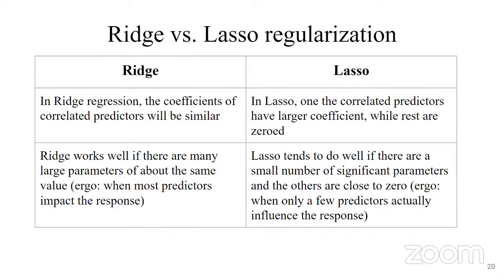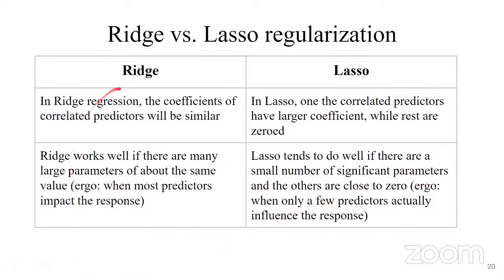Even I have seen models with 1,000 features, but you can't explain an output using 1,000 features. In that case, you want to do feature reduction and feature extraction. From 1,000 features, you want to bring down to 10 or 15 features, right? That's when we will do the lasso.